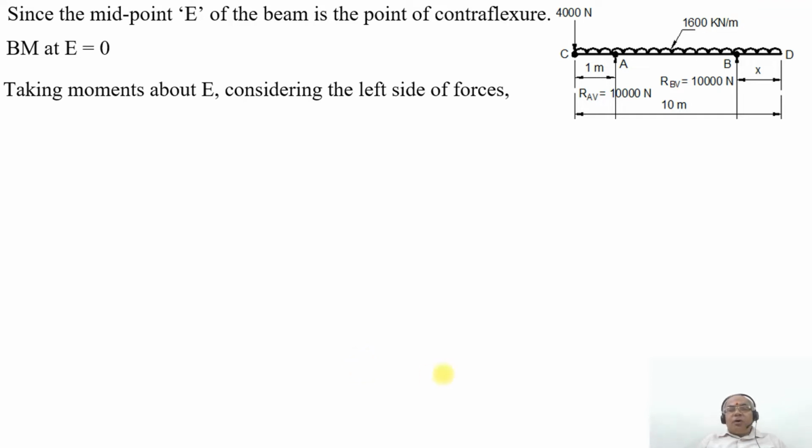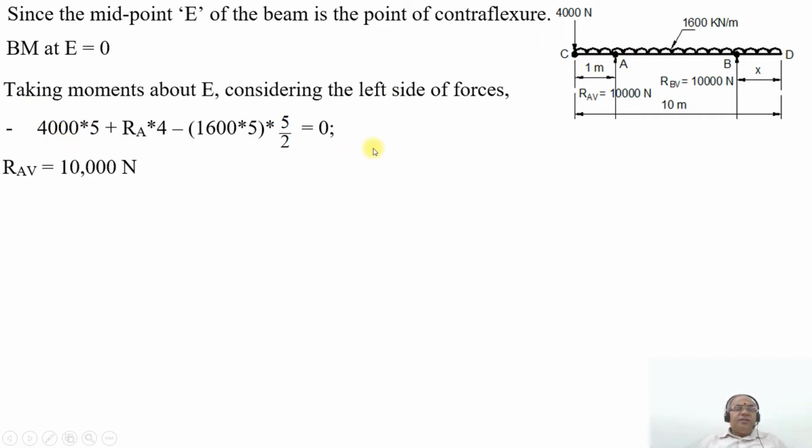Taking the moments about the point E, considering the left side forces: RAV into 4, because 5 minus 1 is 4, minus 4000 into 5, minus 1600 into 5 into 5 by 2, equal to 0.